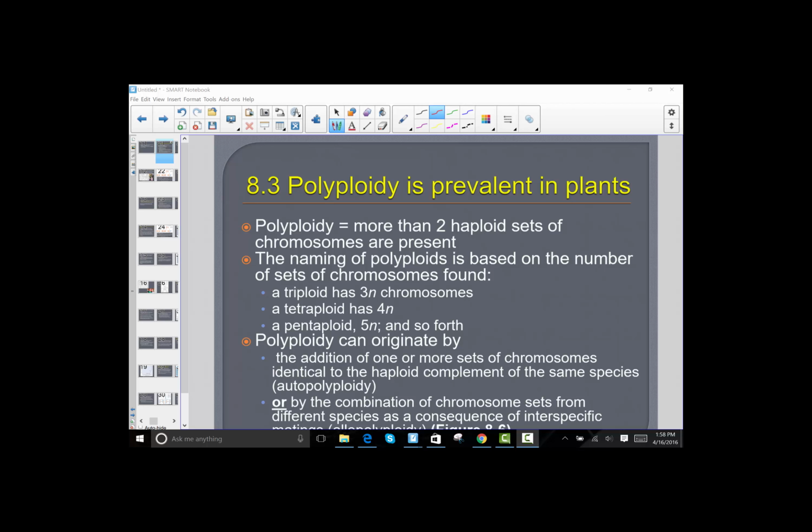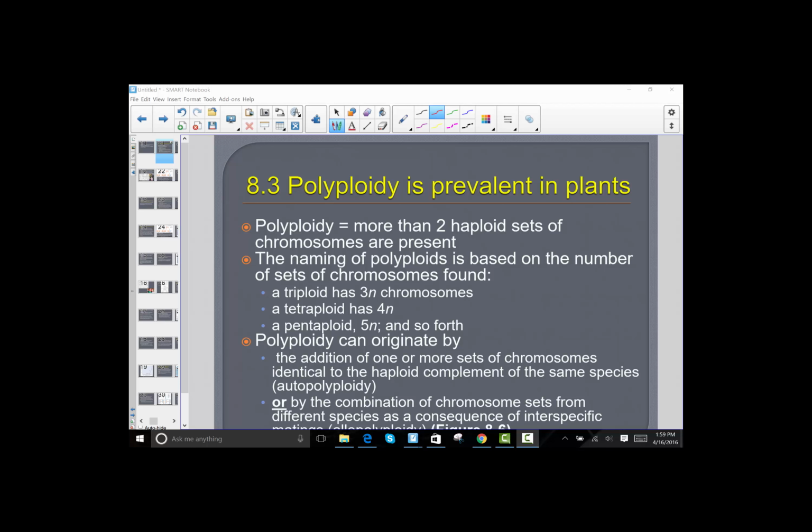In the same idea, a tetraploid would have 4 complete sets of chromosomes, so they would be considered 4N. And pentaploid organisms actually have 5N sets of chromosomes, so this would be 5 complete sets of chromosomes. And yes, you can keep on going and going and going.